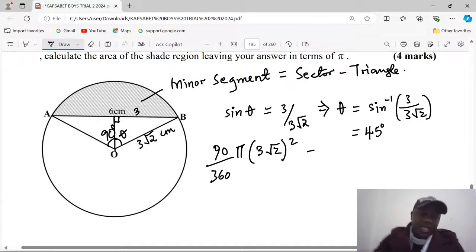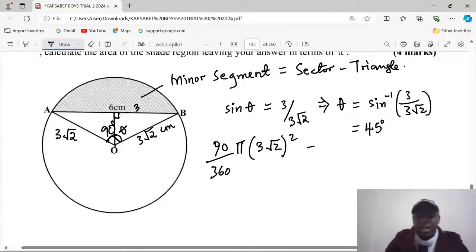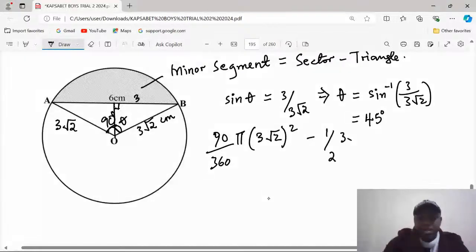I can even use the angle of 90, with the radius on the two sides. So I need minus half times 3 root 2 times 3 root 2, times the sine of the angle between them, which is the sine of 90 degrees.